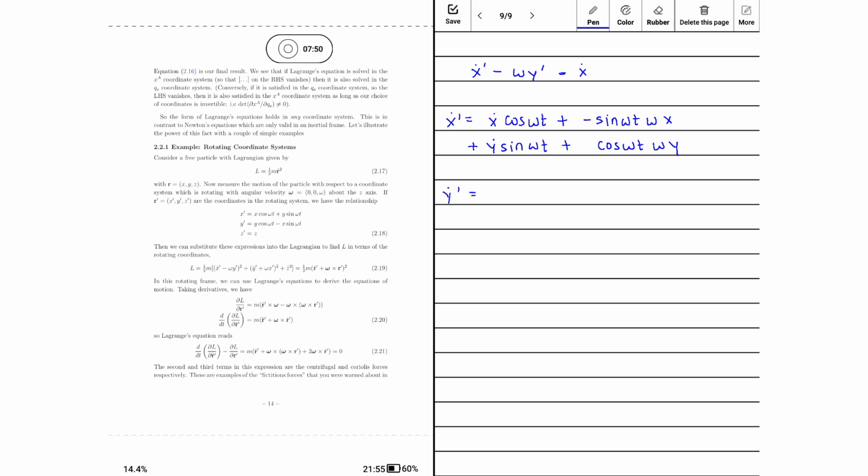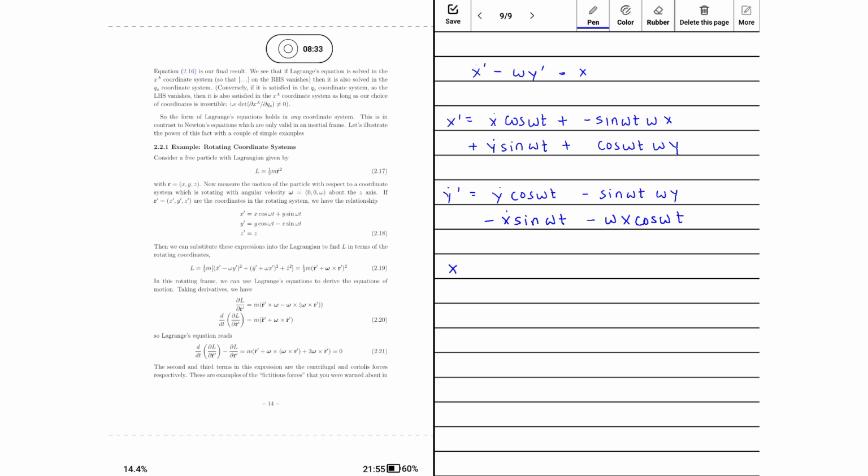Similarly, it will be y dot, sorry, it should be minus, so minus x dot sine omega t minus omega x cos omega t.